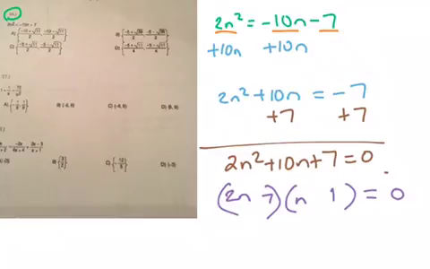But if you try to factor this, whether I put 7 with the 2 or off to the side here, there's no combination that's going to give me 10. So factoring doesn't work. This is one problem that I really do have to use the quadratic formula to solve. So we have 2n squared plus 10n plus 7 equals 0.